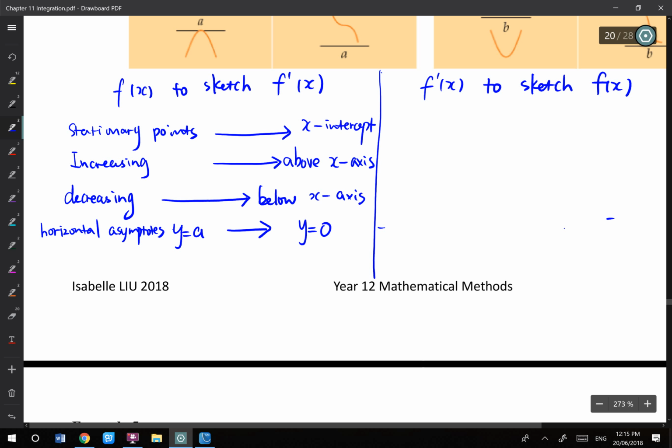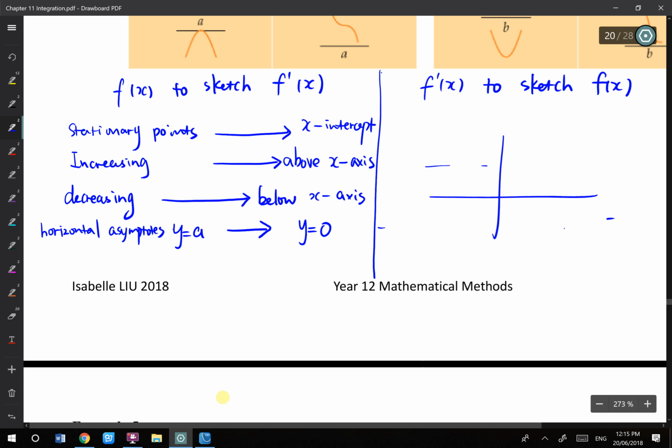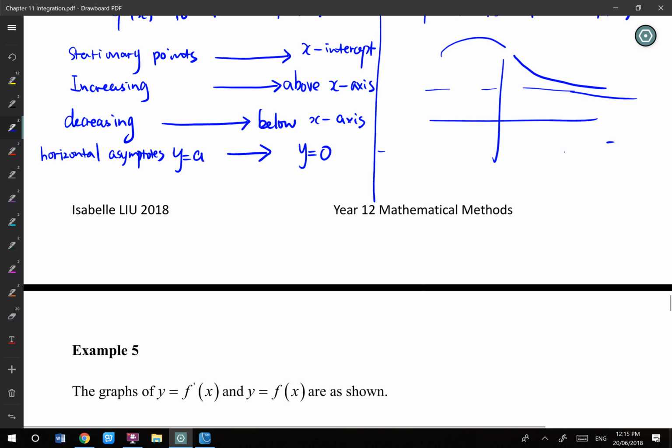Anywhere you have a horizontal asymptote, on that same side you will have a horizontal asymptote at y equals 0, because finally your gradient is approaching 0. When it approaches any asymptote, the gradient approaches 0 anyway, so the horizontal asymptote will become 0 on the gradient function.